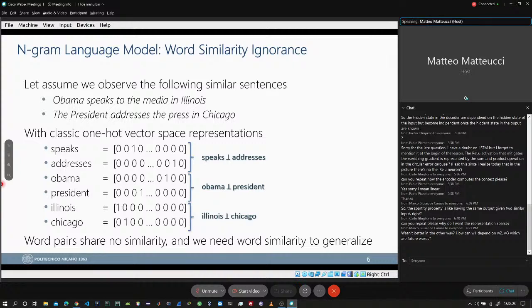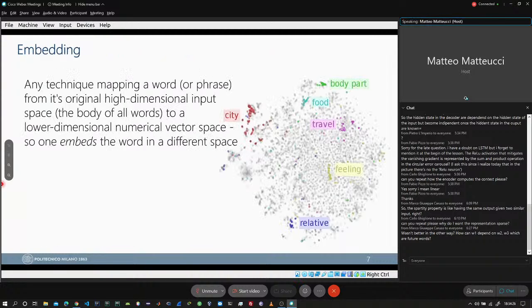That was the idea behind the original embedding. So what is an embedding? In the concept of word embedding, it is a technique that takes words from a high-dimensional space, which is the vocabulary with one-hot encoding, and projects this high-dimensional vector into a lower-dimensional numerical vector.